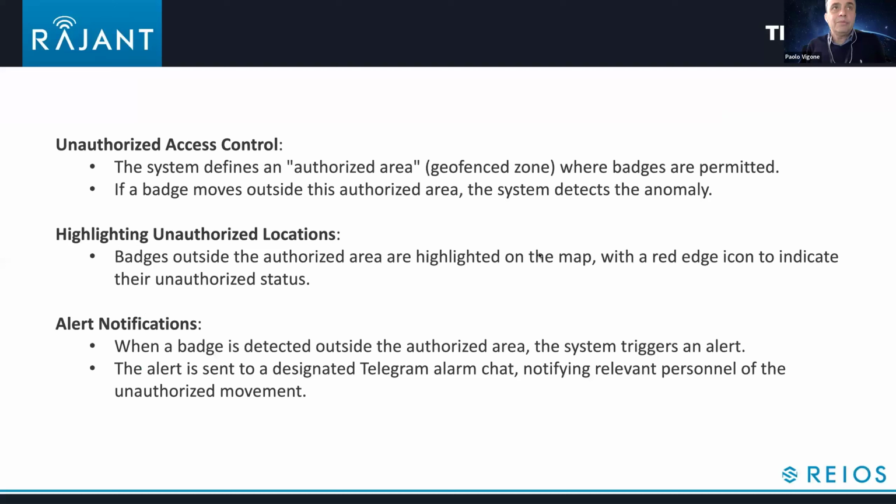Okay, let's talk about unauthorized access. So as Franco said before, the system defines an authorized area. It's possible to define authorized areas where badges are permitted to move inside the office zone.